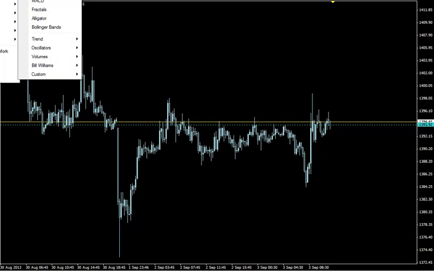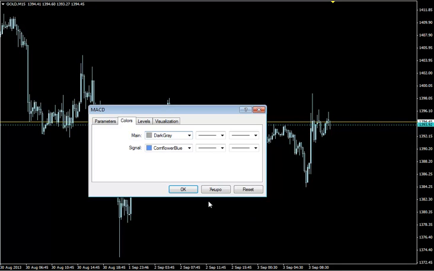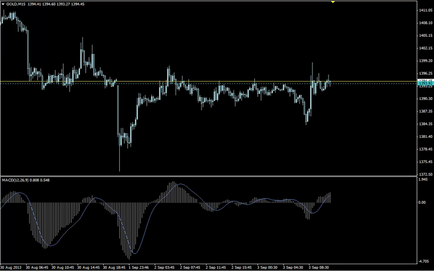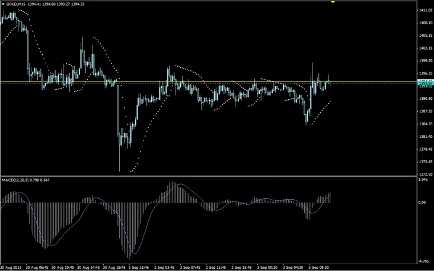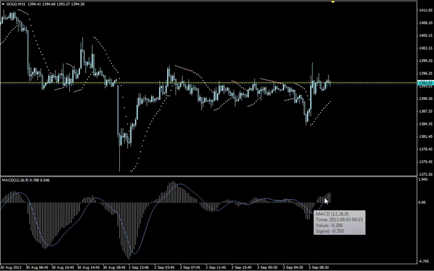I will remove this system and I will insert MACD and I will insert PSAR, although it's not necessary. So we see on the M15 time frame the histogram is above zero line, is bullish on MACD.